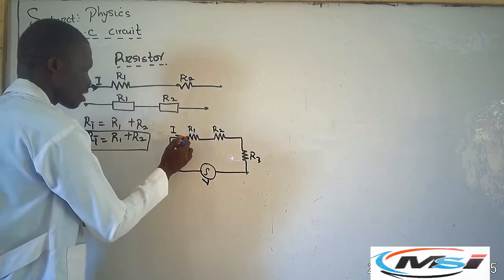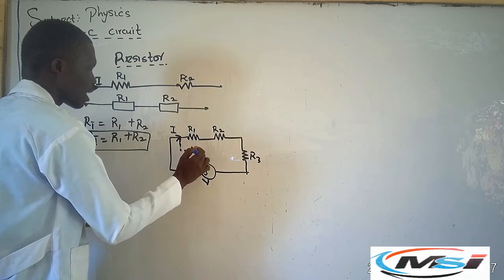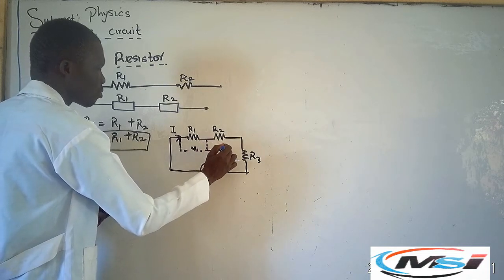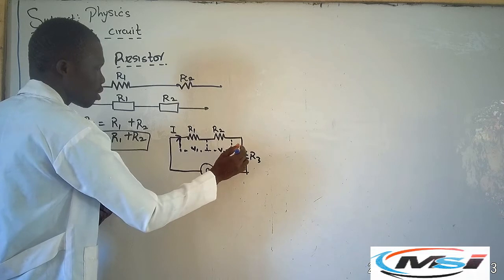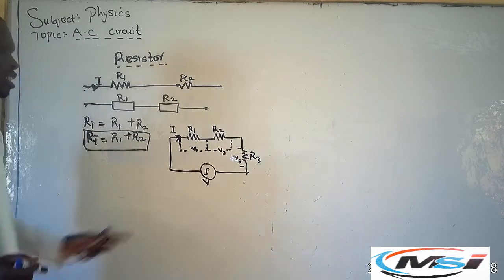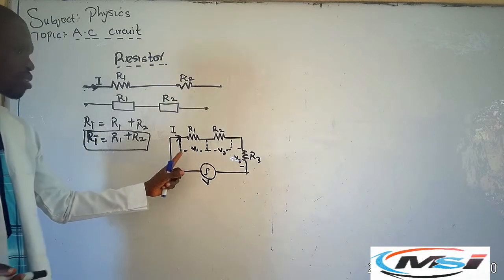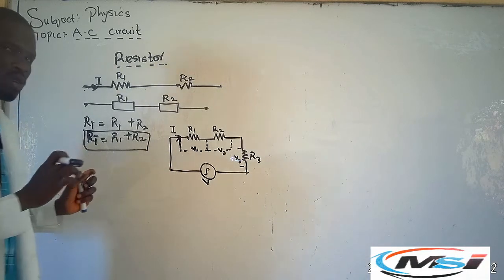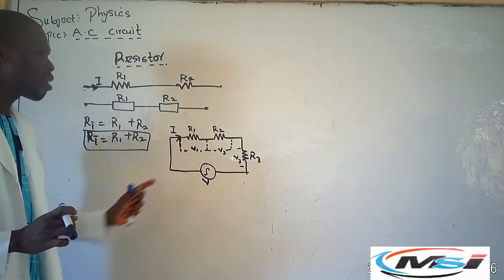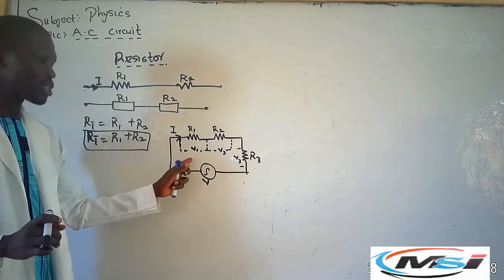Let's take a look at this. You have V1 and you have V2. You also have V3. So the same current flows through the circuit, that is resistance in series. The same current flows through, but different voltage.